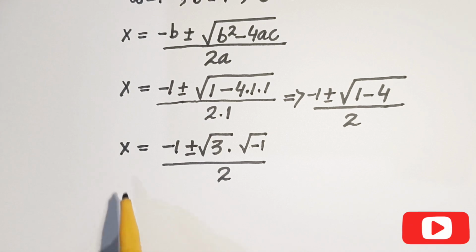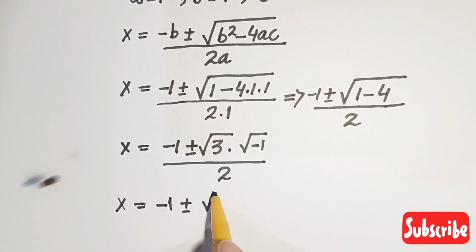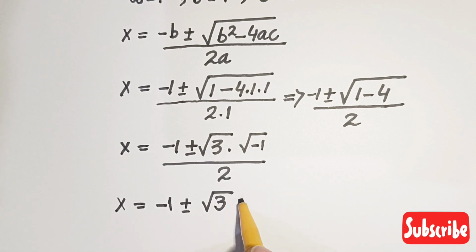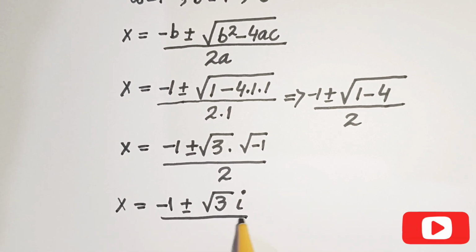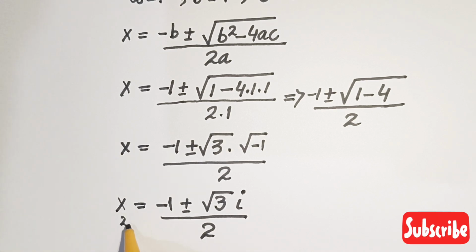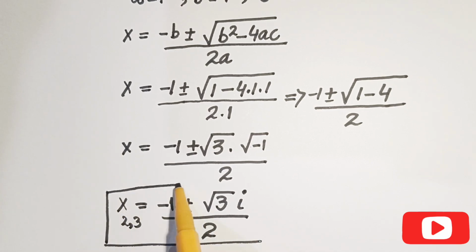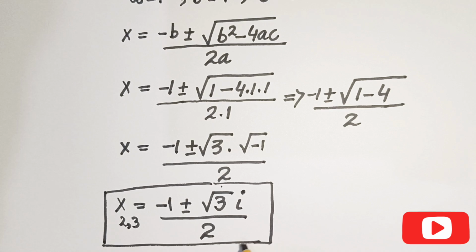Now x is equal to minus 1 plus minus square root of 3, and the square root of minus 1 is equal to i, all over 2. These are two values of x, let's say x2, 3. So we have found three possible solutions of x here.